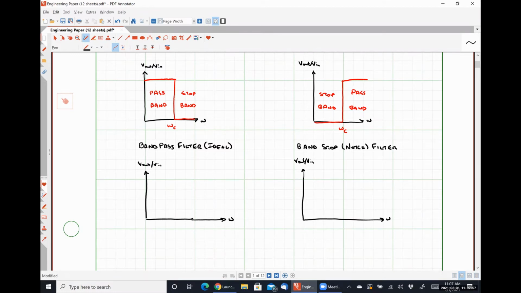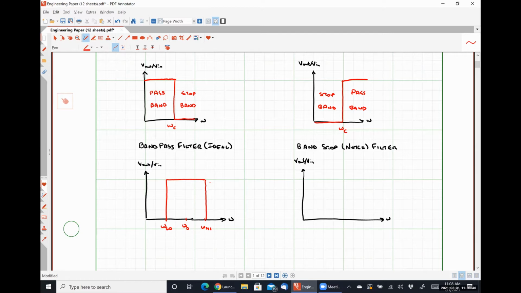All right, so for a band pass filter, we are going to have three specific frequencies of interest. I'm going to call the first one omega low. Then I'm going to have omega naught. And then I'm going to have omega high. In a band pass filter, we observe that all frequencies below omega low get rejected, and all frequencies above omega high get rejected.